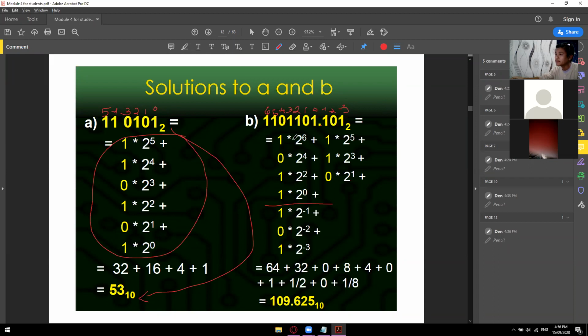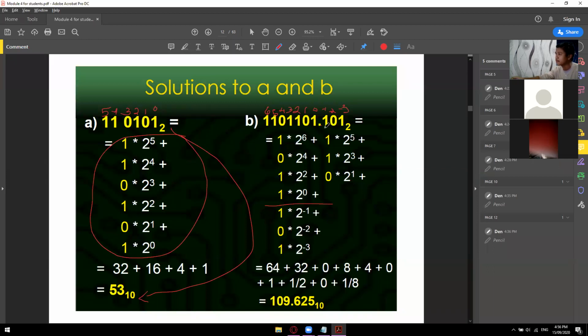So, 1 times 2 raised to 6, 1 times 2 raised to 5, 0 times 2 raised to 4, and then 1 times 2 raised to 3, 1 times 2 raised to 2, and then 0 times 2 raised to 1, and then 1 times 2 raised to 0. So, yun yung integer part natin or yung whole number.